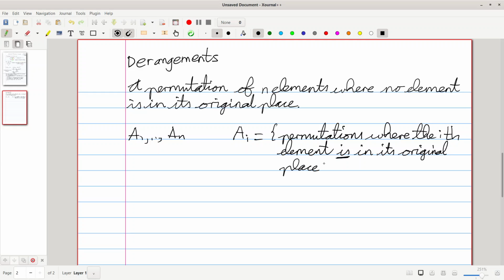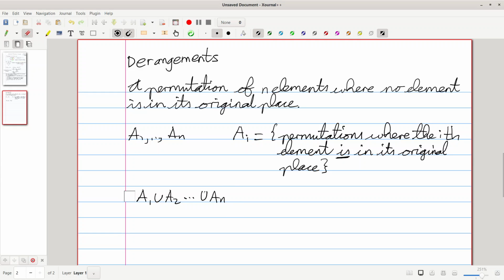So the key word here is we're looking at when the element is in its original place, not when it's not in its original place. Now, if we define the sets Ai in this way, and we look at the union, A1 union A2 up until the union with An, what will this set represent?